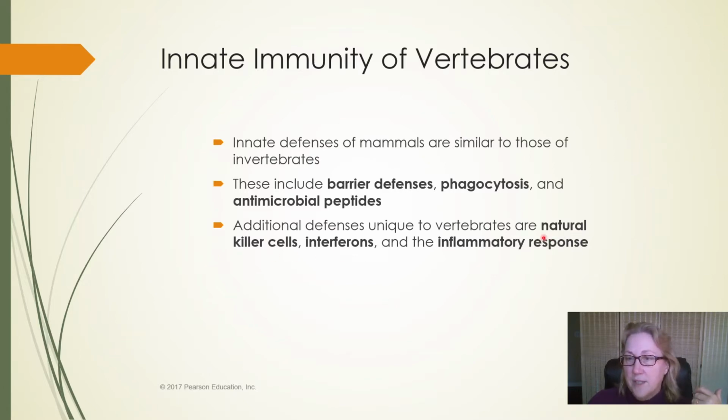One of the cells, I think this is my favorite cell in the innate response, are the natural killer cells, which are also part of our cancer response. Interferons are proteins that are secreted that activate a response to invaders even without a specifically recognized invader. And this also leads to an inflammatory response.